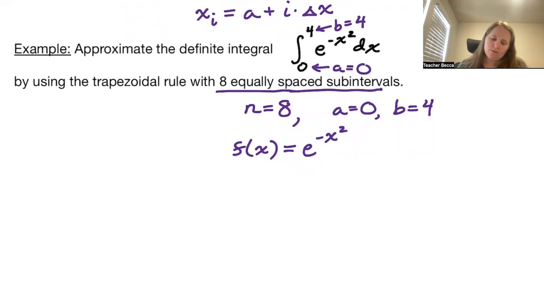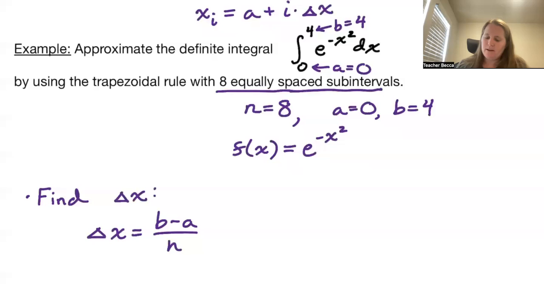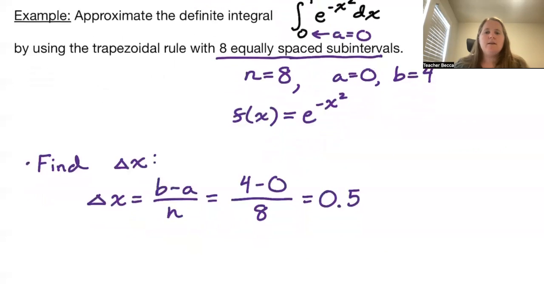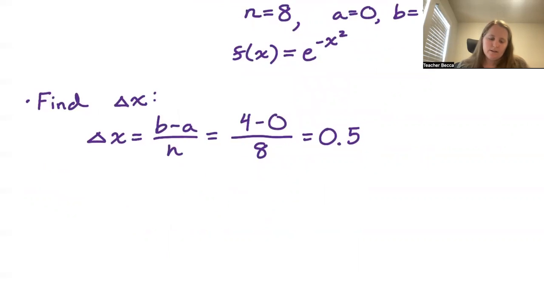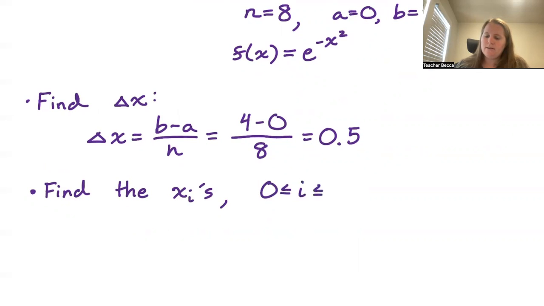So working through our formula, the first thing we need is our delta x. So we have delta x was b minus a divided by n. So we are looking at 4 minus 0 divided by 8, otherwise known as 1/2 or 0.5. Next thing we want to do is find our x sub i's, for 0 less than or equal to i, less than or equal to n.